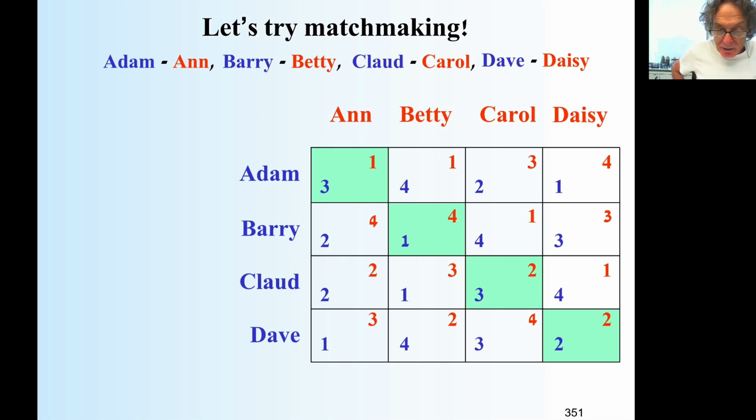If we can, this is not a good matching. So I give you a second to look at the table and try to see if you can find a boy and a girl that were not matched, that prefer each other over what they got.